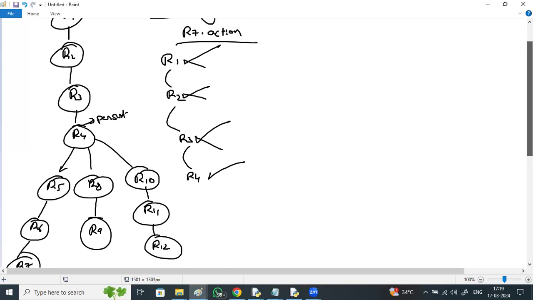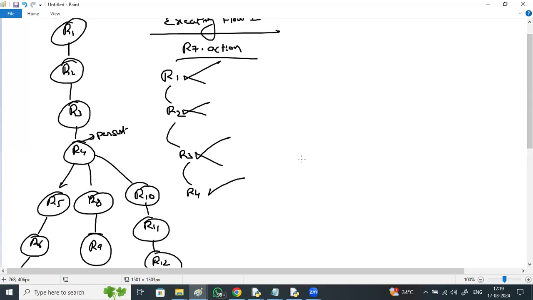Now check this. R4 output is taken by R5. Here R4 is loaded, computed, and persisted. Understand when R4 gets persisted: when R4 is loaded into the RAM for the first time, it is persisted.